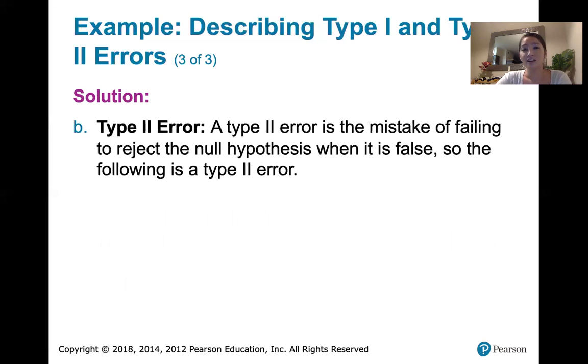Now, type 2 error is the mistake of failing to reject a null hypothesis when it's false. So this is when evidence does not warrant rejecting the null hypothesis, but we should reject the null hypothesis because it's actually false.